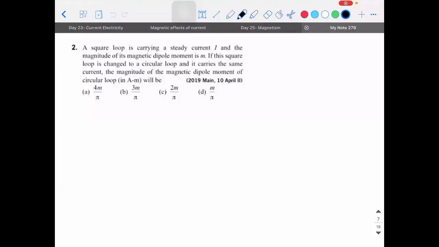How to find? So magnetic dipole moment is given as the product of I into area.